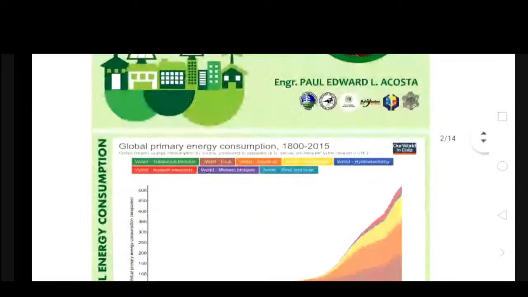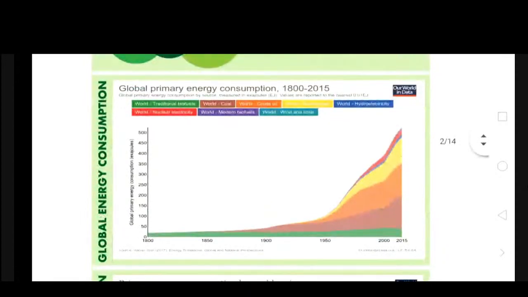So this is the graph of the global primary energy consumption from 1800s to 2015. This data is from Our World in Data. As you can see here in the graph, around 1900s to 1950s, there's already an increase in the energy consumption, primarily with the use of coal.